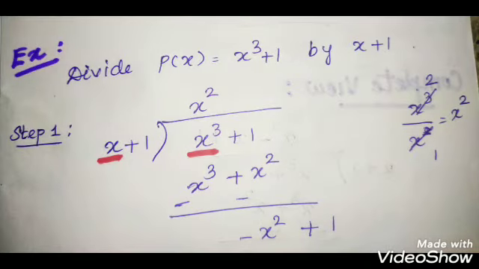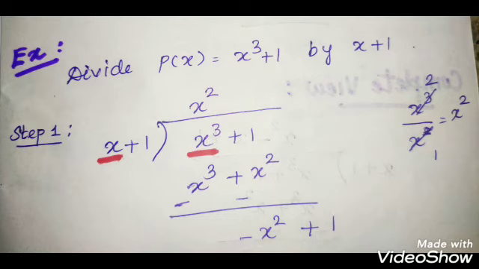Let me see one example. We are taking a polynomial P of x, x cube plus 1, and we are going to divide this by another polynomial, x plus 1. The first step: take the first term x cube and divide x cube by x.